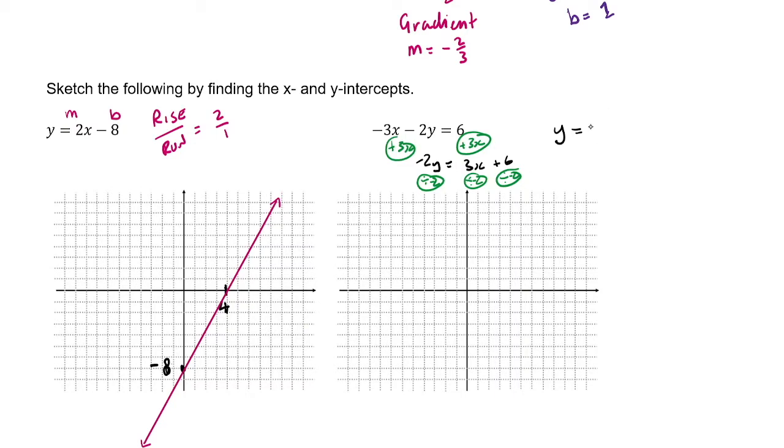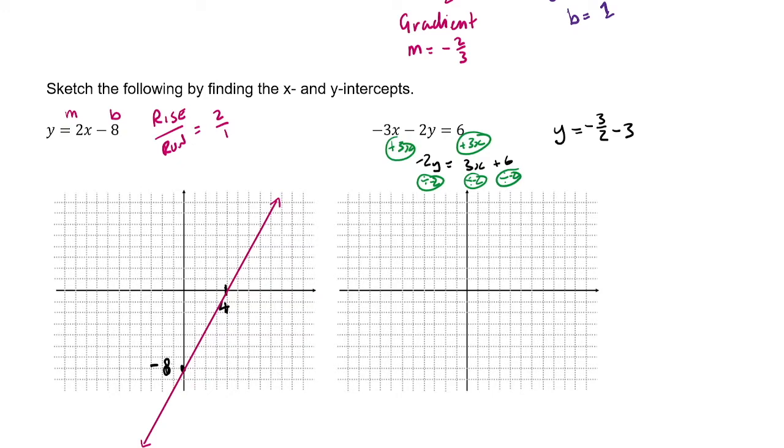So y equals -3 on 2 x, so we're going to have a downward looking graph, plus -3, my bad, because we're dividing by -2, so we get -3, and that is our y-intercept.